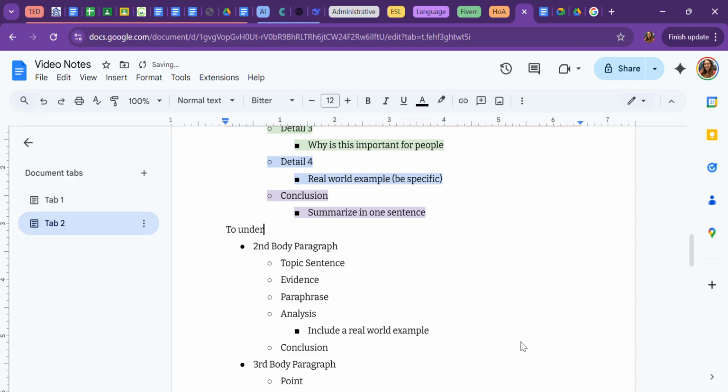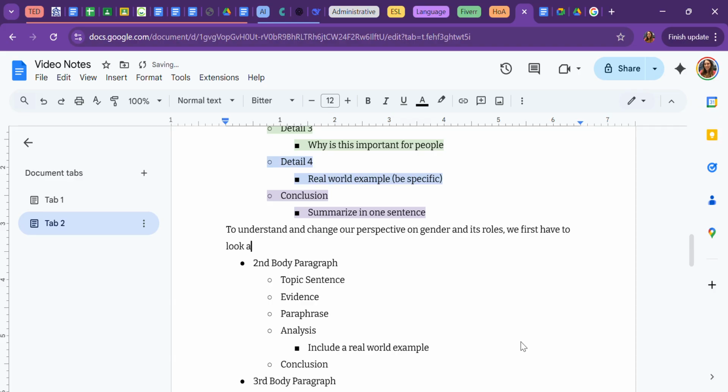To understand and change our perspective on gender and its roles, we first have to look at the ancient Egyptians and their idolization culture.